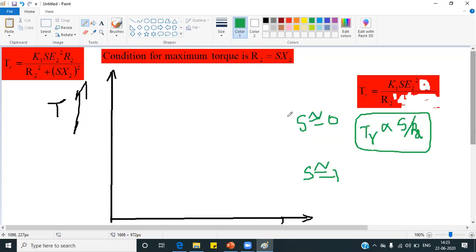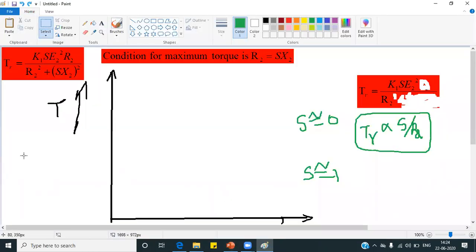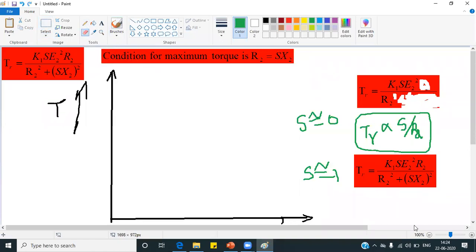What will happen then? Let me copy from here again. This is the equation. Now S is approximately equal to 1.